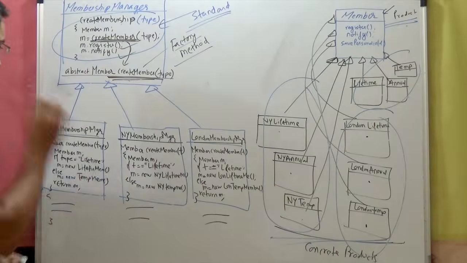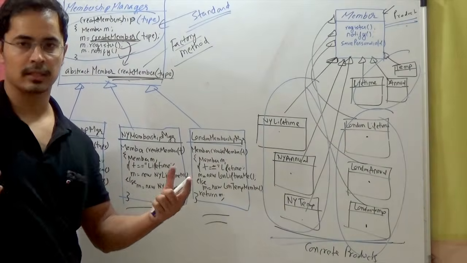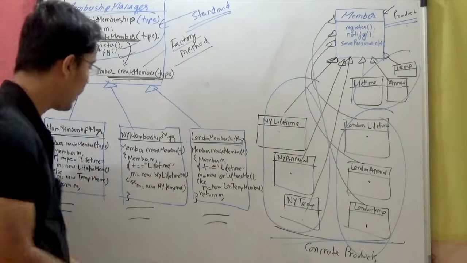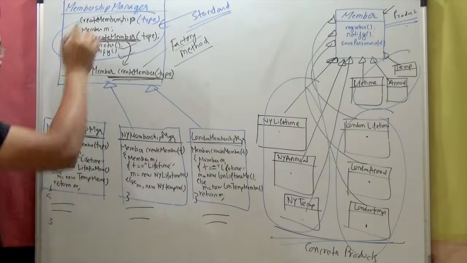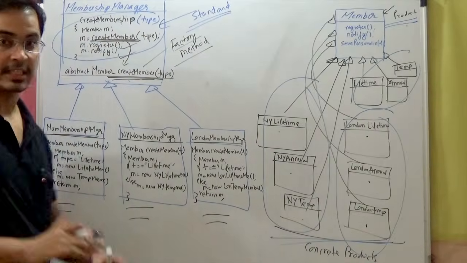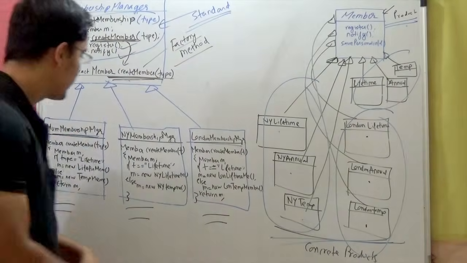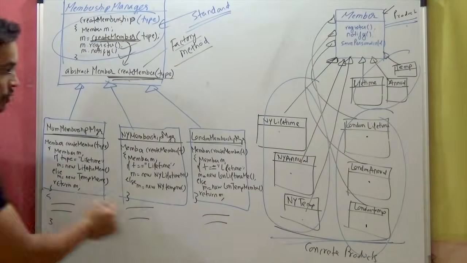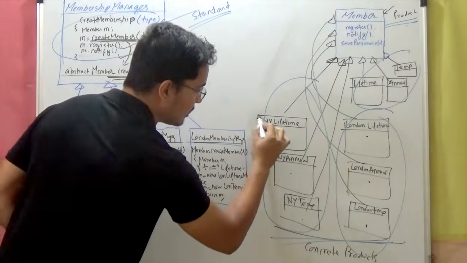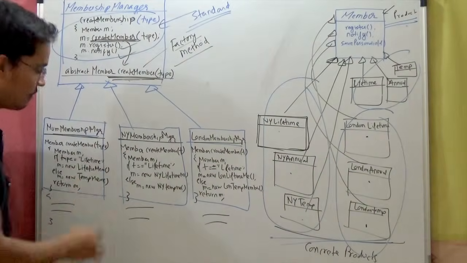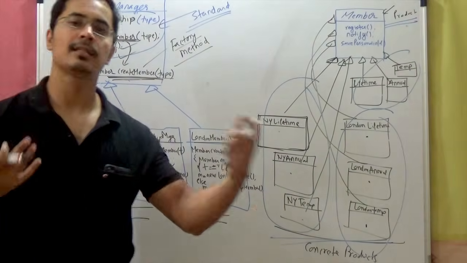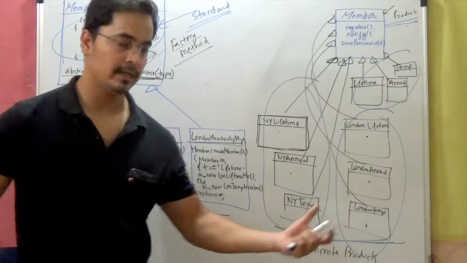right? And to manage these different operations at different positions, we'll have concrete clients. Abstract client will have common behaviors, international standard, right? And concrete clients will use these regionalized concrete products for providing the specialized services in those regions, right?